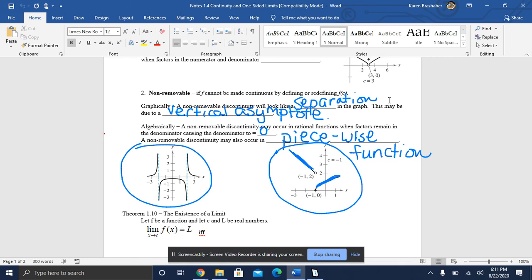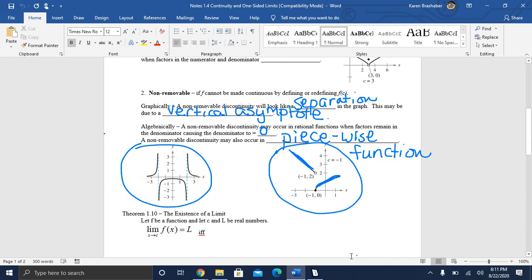And then your existence of a limit theorem is going to be based on something that I hope you've already discovered. We've tried to make this statement several times as we've been looking at limits, but now we're going to state it formally.